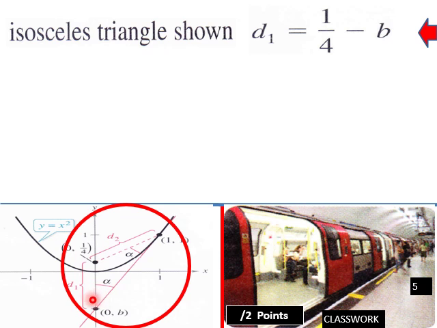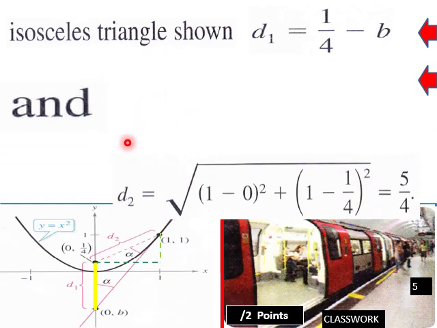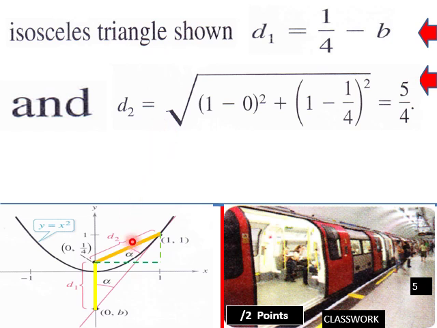Here's our b. And then distance 2 would be the radical of (1 minus 0) squared plus (1 minus 1/4) squared, which equals 5/4. So distance 2 would be 5/4, and this is distance 1 here.